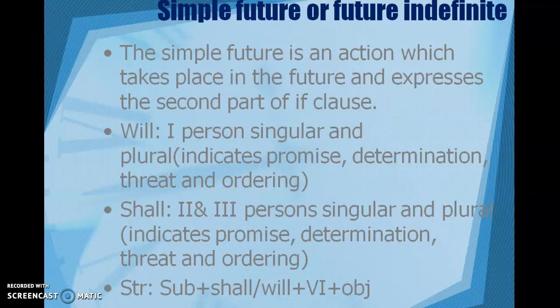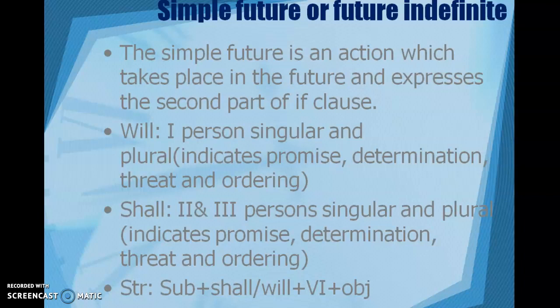Before we learn more through examples, you should know where to use the helping words will and shall. Will is basically used for the first person singular and plural, which indicates promises, determination, threat or ordering. Shall is used for the rest of the persons, singular and plural.